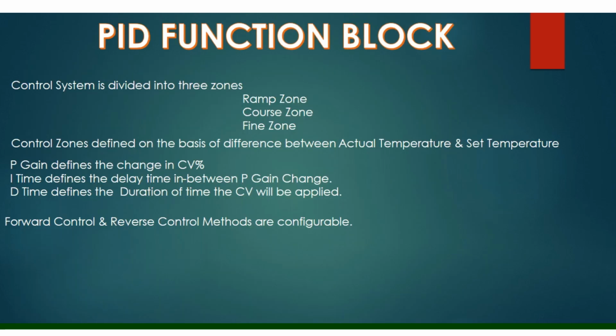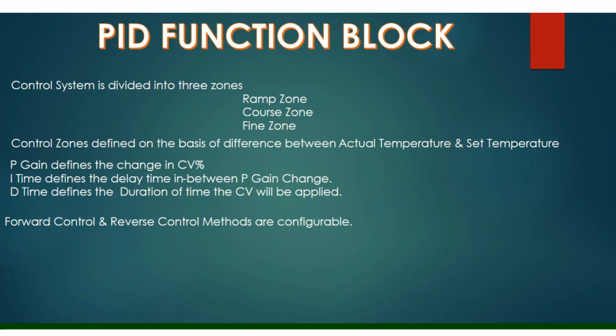So the control system is divided into three zones: the ramp zone, the coarse zone, and the fine zone. Control zones are defined on the basis of the difference between the actual temperature and your set temperature. Here, for example purposes only, I am defining the complete function block on the basis of temperature control.